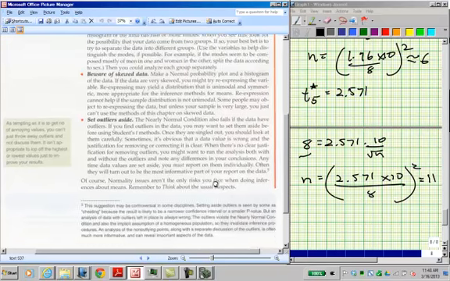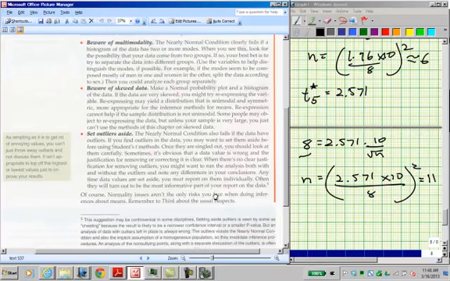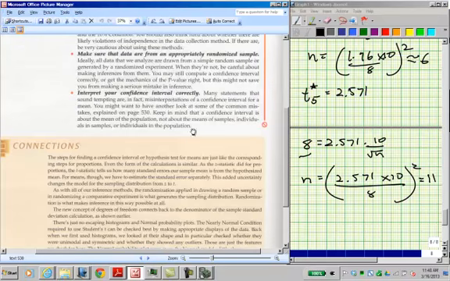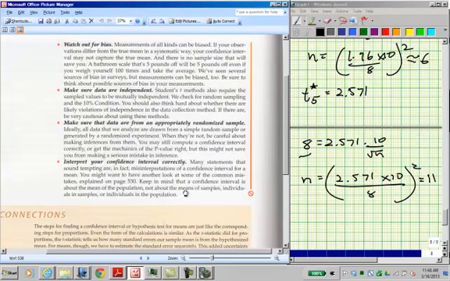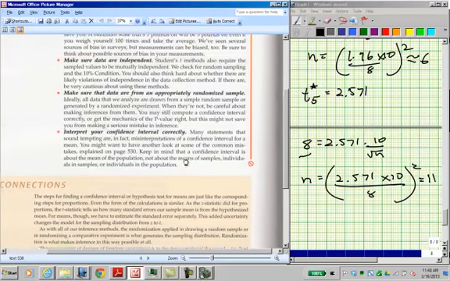Set outliers aside. If you got outliers, then you do the work with them and without them. Watch out for biases. Make sure your data is independent, randomized. Interpret your confidence interval correctly.